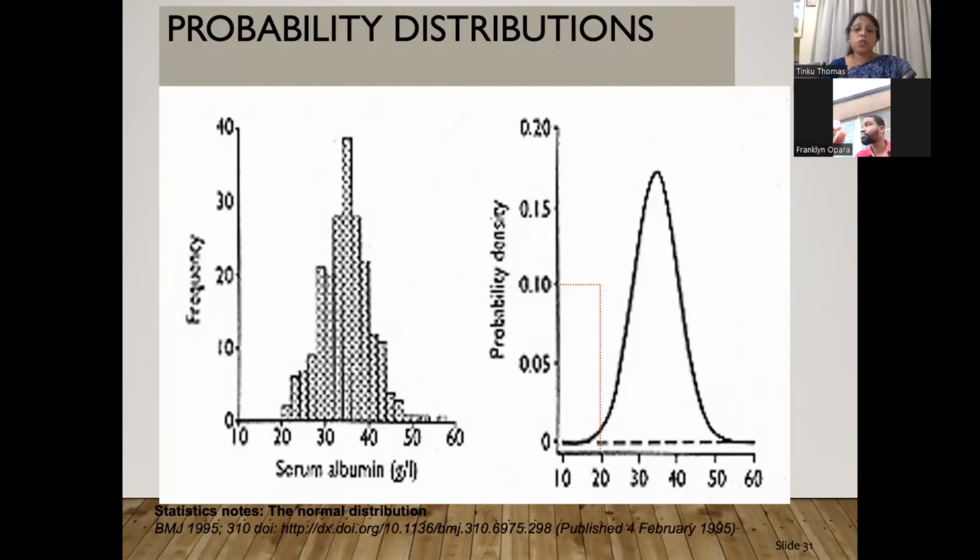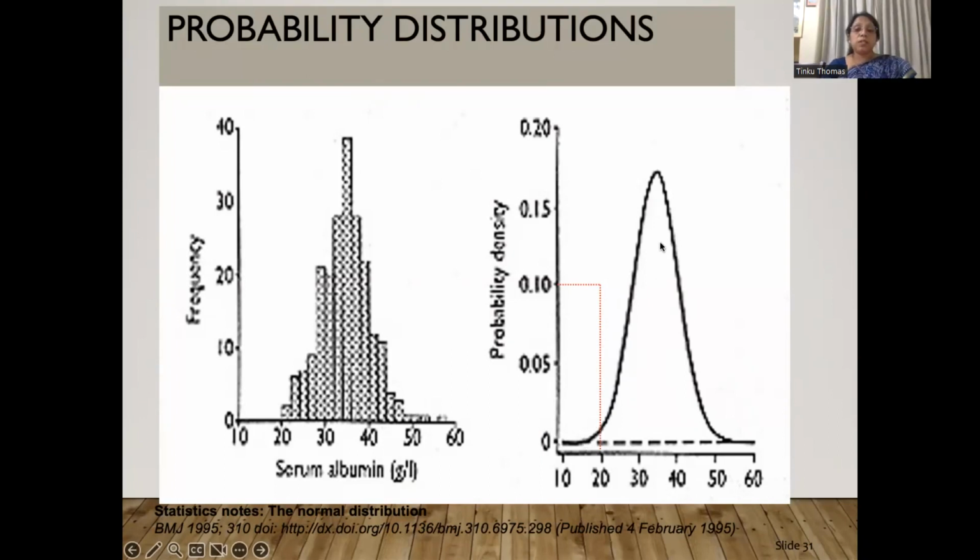And once we know that this is the distribution that serum albumin follows, there are many utilities of it. There are many things that we can understand from this data, even without actually going about observing it. For example, once we know this is the probability distribution of serum albumin, we can figure out how many people can have a serum albumin value of less than 20, or exactly 20.